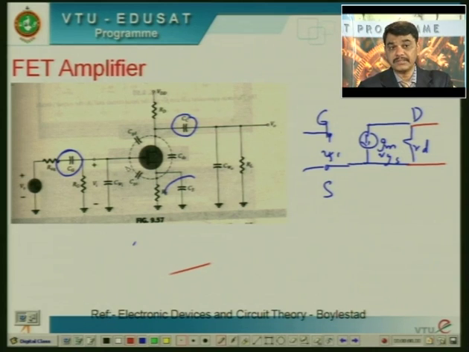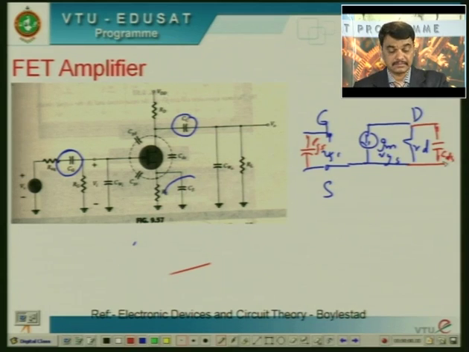There is a capacitance between the gate and the source, this is CGS, and similarly there is a capacitance between the drain and the source, denoted with CDS. Apart from that, there is a capacitor at the output side, that is CWO.